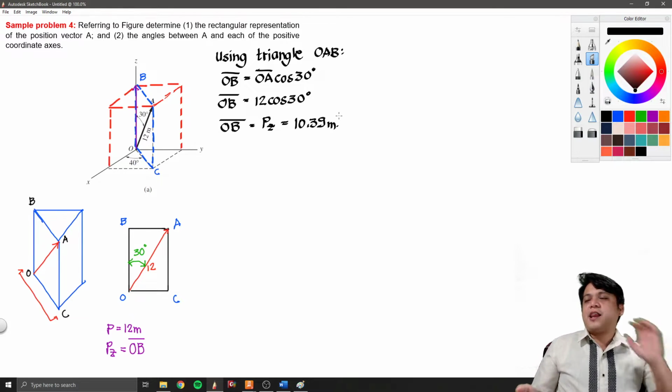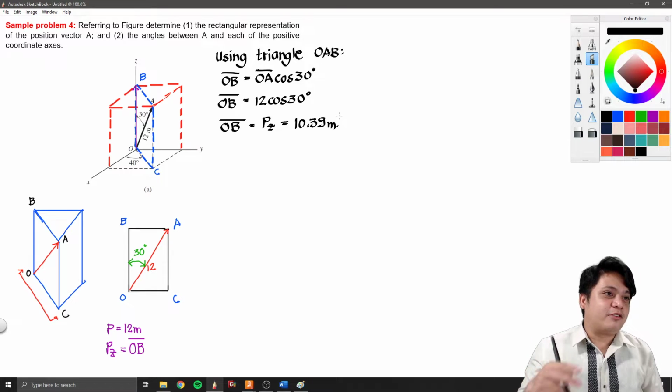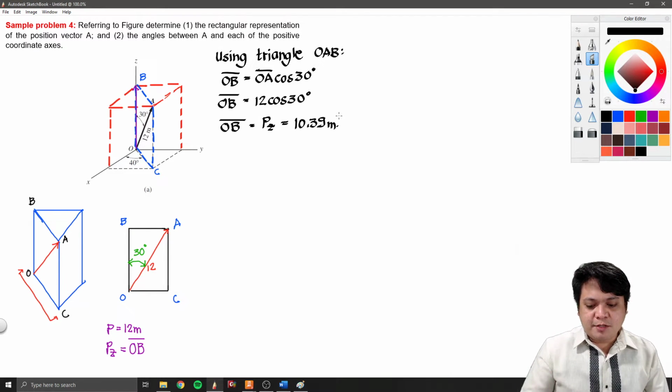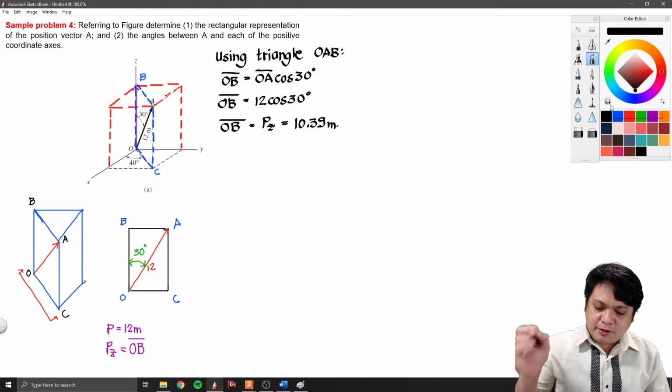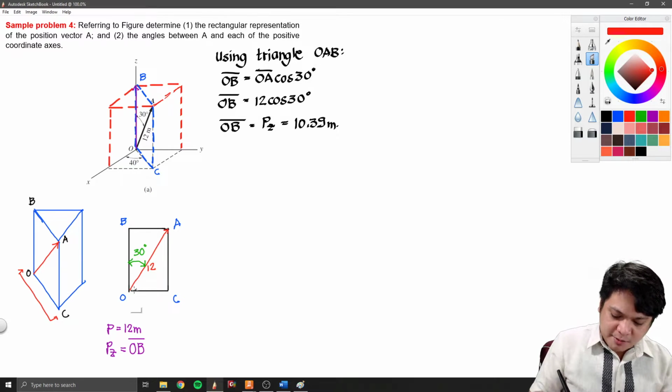Okay? So, kailangan lang natin makuha yung kanyang tatlong components, si X, si Y, and then si Z. Since meron na tayong Z, what I could get for this time is the segment OC.